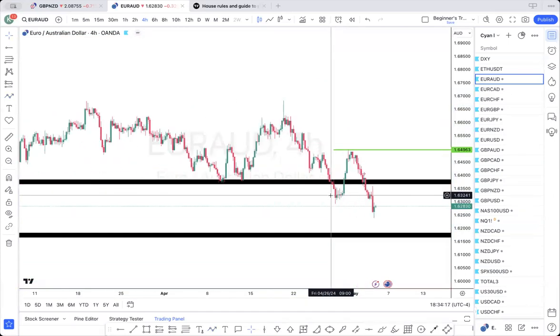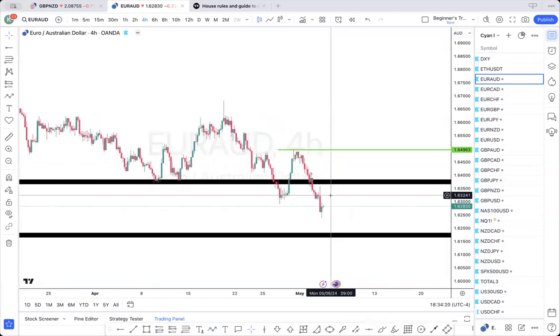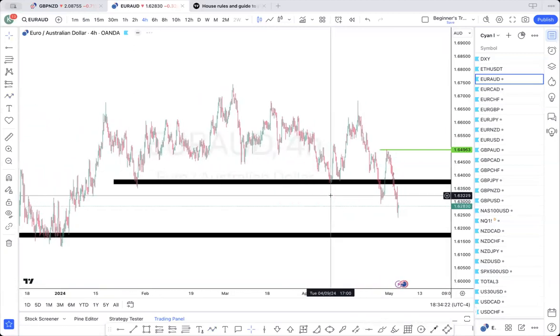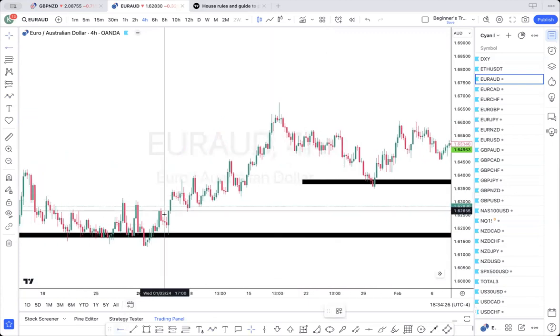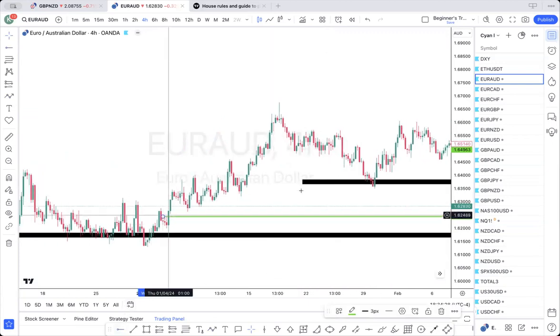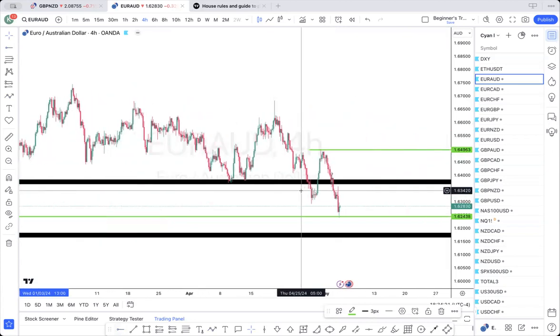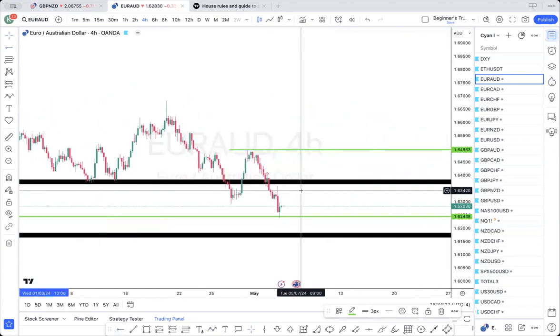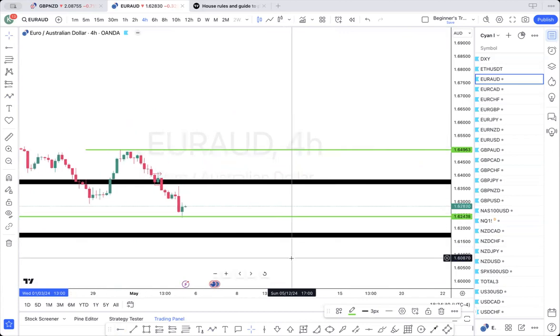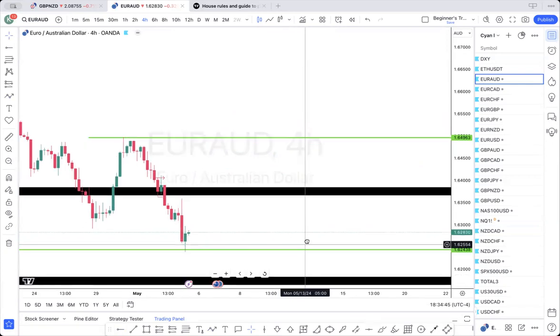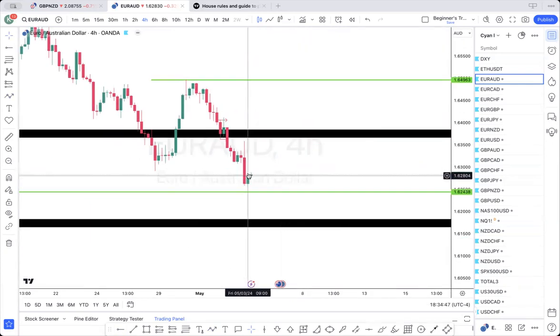Okay. And if we look to the left, I think it tapped into a demand zone. Yep. So I think it's going to... is Terry on here? Because there's Terry's inside bar. There goes Terry's inside bar.